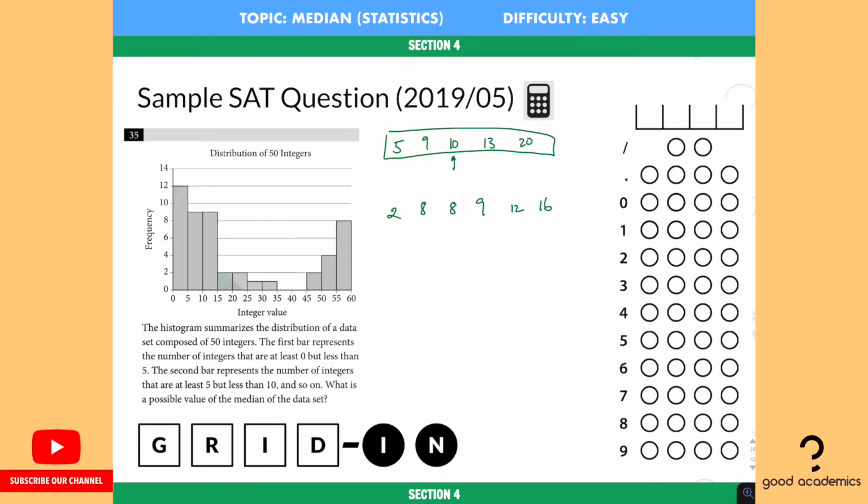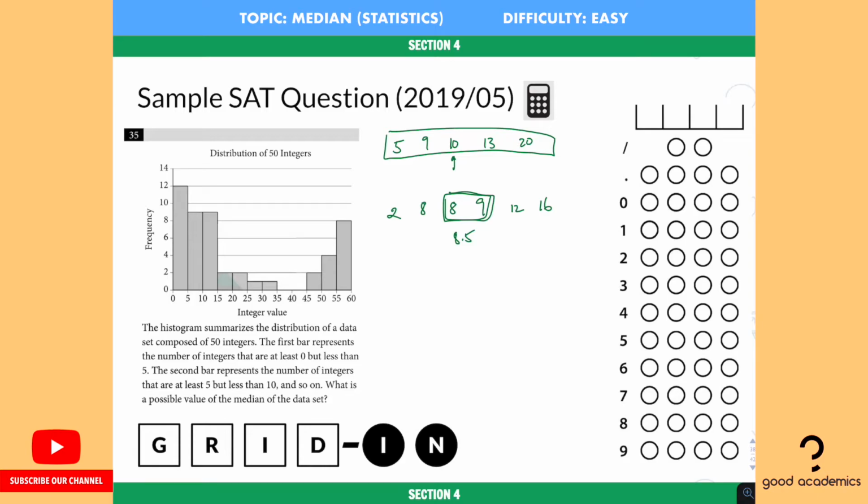We have a set of 6 numbers already sorted in ascending order. What's the median? In this case, it will be the average of these 2 middle numbers, so the median is 8.5. This is what happens when you have an even number of data points in the data set.